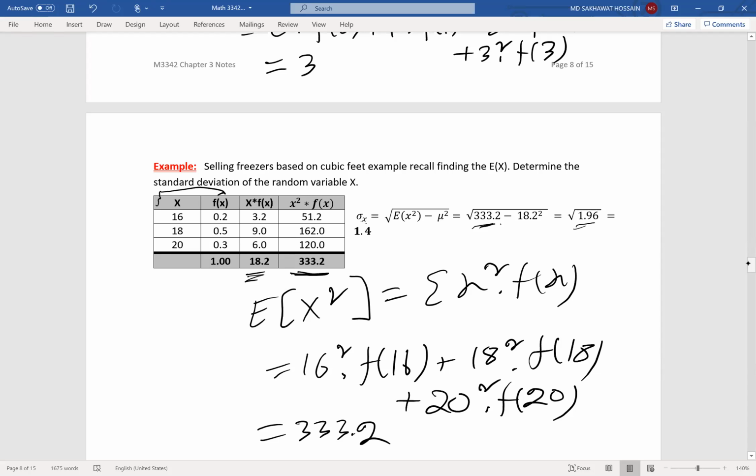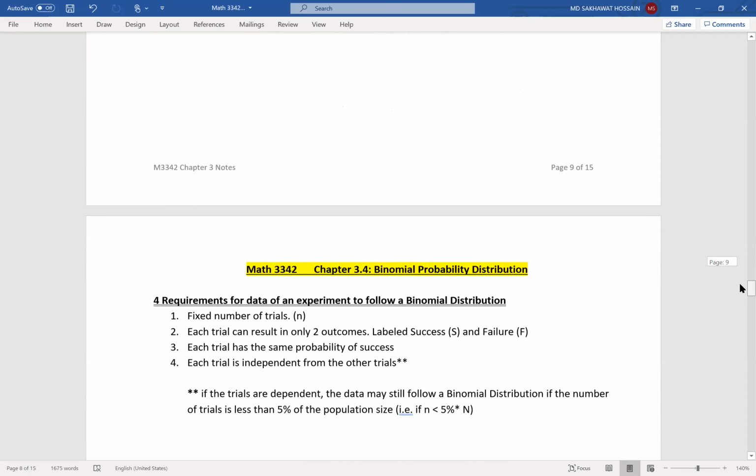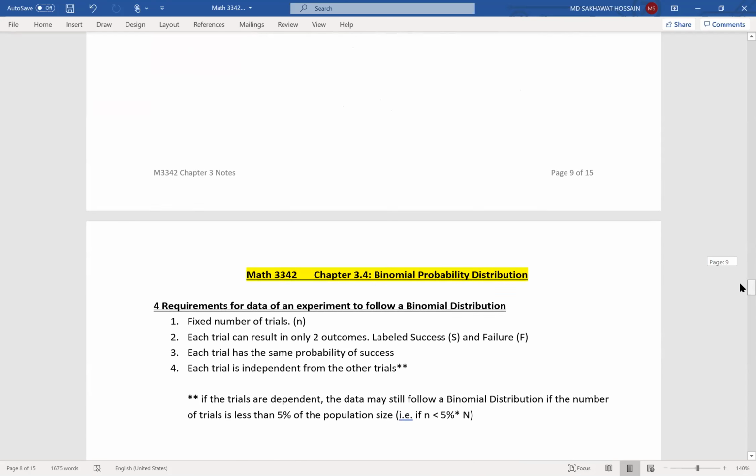So here the variance is equal to 1.96, and standard deviation is equal to 1.4. So that's how you calculate the variance and standard deviation for the discrete random variable.